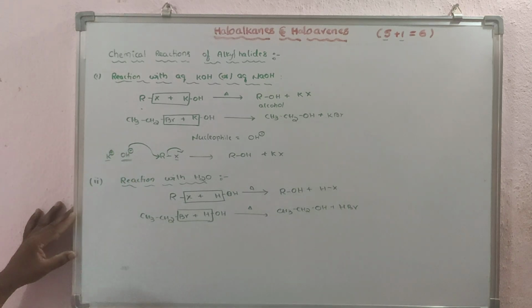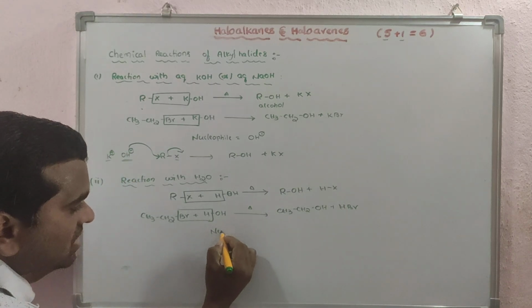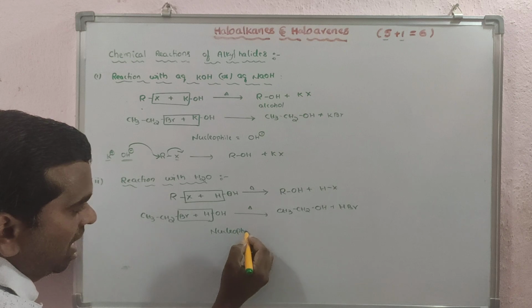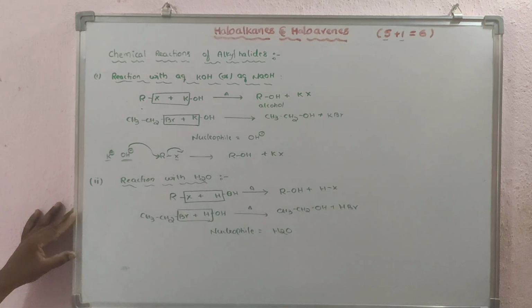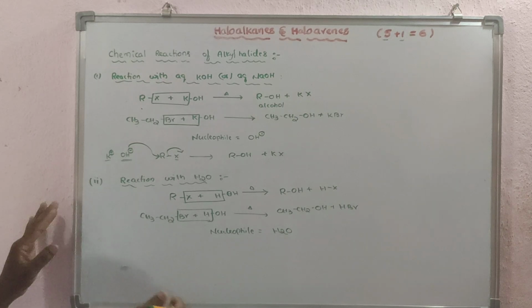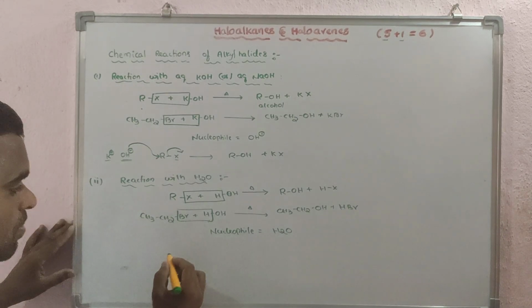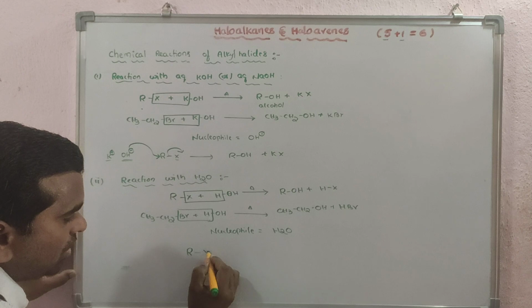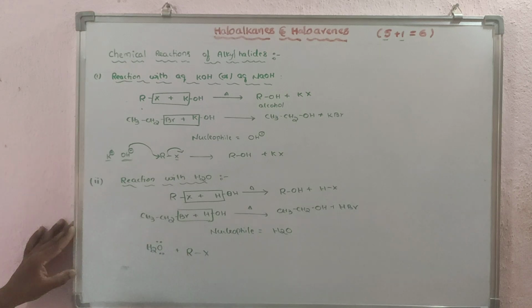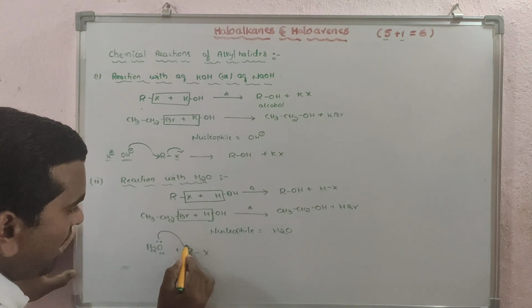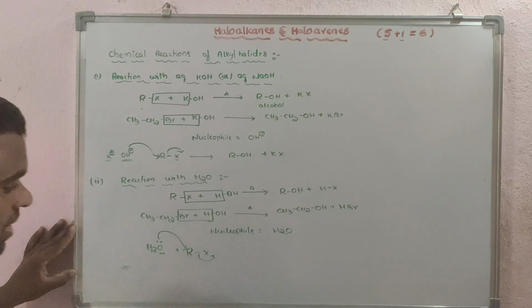So what is the nucleophile in this reaction? The nucleophile in this reaction is water, not the OH minus ion, because water cannot easily dissociate into H plus and OH minus. See the reaction: RX and H2O, which has a lone pair of electrons, is added here, then this bond will break.